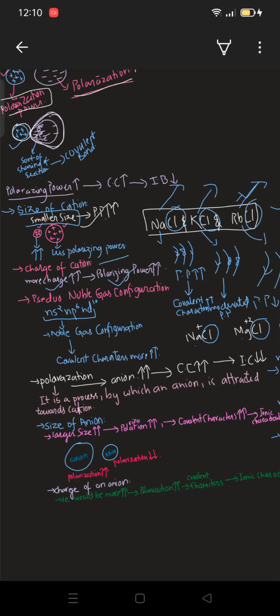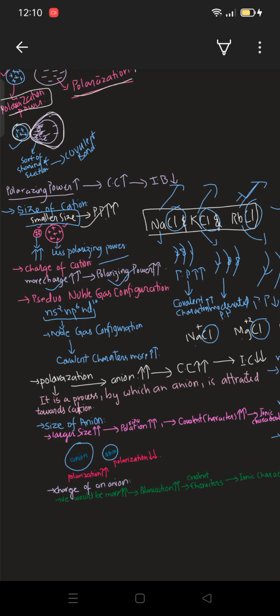Then we discussed the charge of the cation, which must be more. Then we discussed pseudo noble gas configuration. When an atom has a pseudo noble gas configuration, it has more polarization power, so there would be more covalent character and less ionic character.